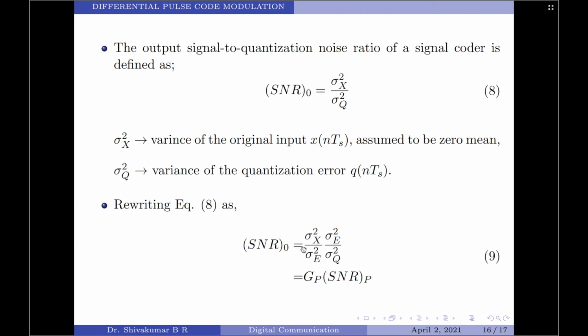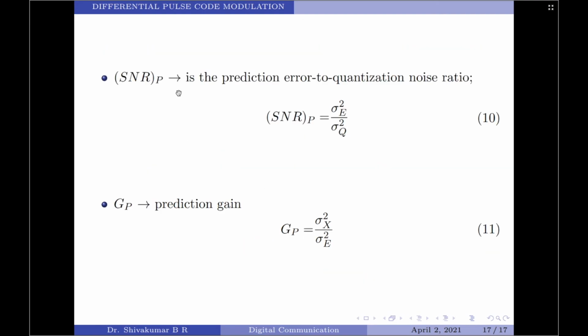Now, sigma x square divided by sigma e square is denoted by Gp, whereas sigma e square divided by sigma q square is denoted as SNRp. Now, let us see what Gp and SNRp are here, which is given in this slide. SNRp denotes the prediction error to quantization noise ratio. Please note, sigma e square is the prediction error and sigma q square is the variance of the quantization noise.